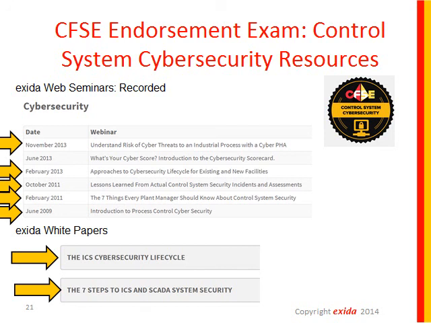All of these web seminars are less than an hour. Worst case, 5 hours. I believe if you go through these 5 web seminars and you read these 2 white papers, you would be able to pass the CFSE endorsement, control system cybersecurity endorsement exam.